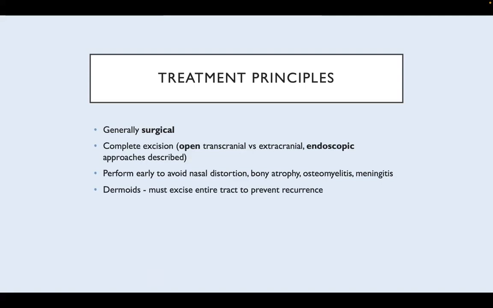And generally, most authors advocate early intervention, and this is to avoid nasal distortion, bony atrophy, osteomyelitis, or any of the intracranial complications, and meningitis is one of them. And then in terms of dermoids specifically, you must aim to excise the entire tract in order to prevent recurrence, and the rates of recurrence are high if you don't. Okay, so going further into detail on nasal dermoids.